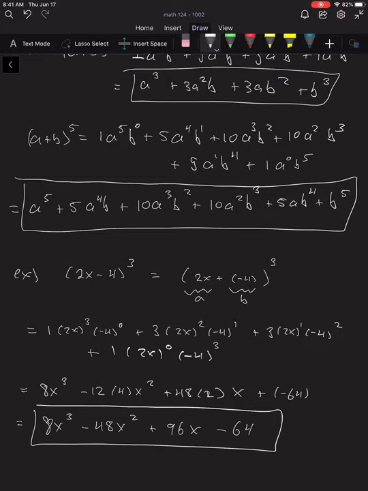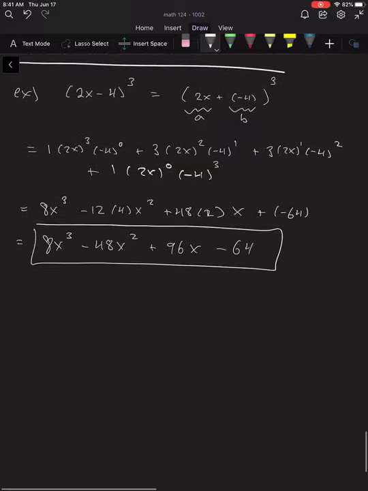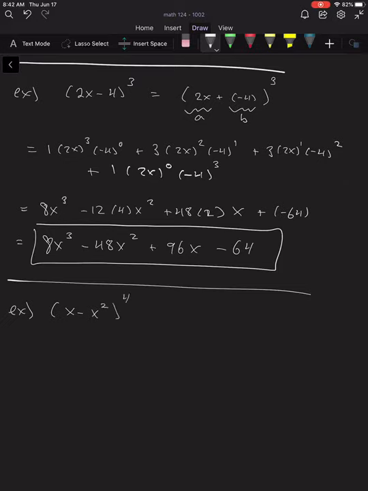Okay, so that's how we can use Pascal's triangle to find that. We can do, I guess, one more together. Or let's do a different one. How about x plus 2y to the fourth power?